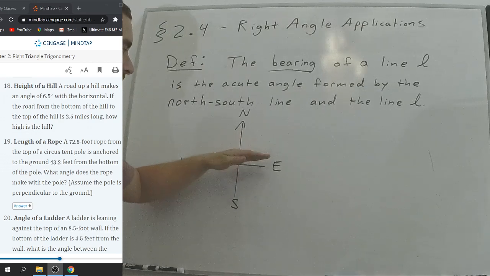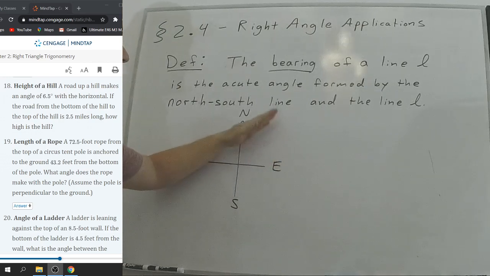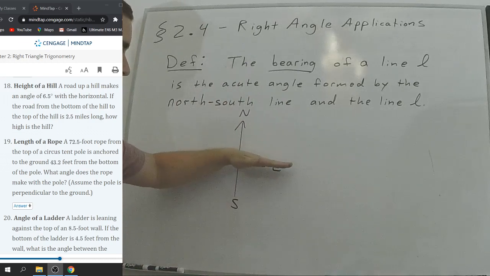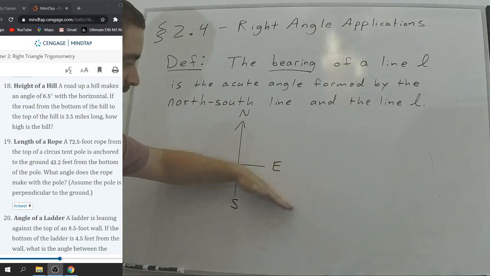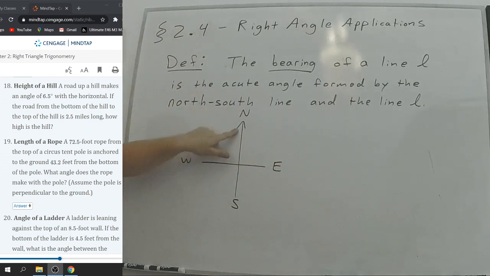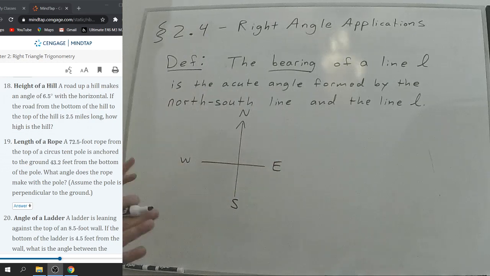An angle in standard position is always measured from the positive x-axis, and then we sweep around positive degrees. If it's a negative angle, we know to sweep clockwise. We're not talking about that here. We're talking about very specifically projected onto the surface of the Earth, where we have a North Pole, South Pole. We've got west and eastward directions.